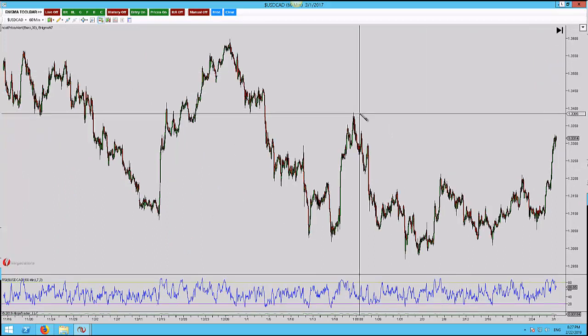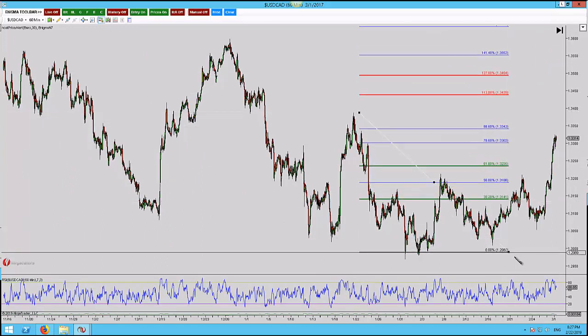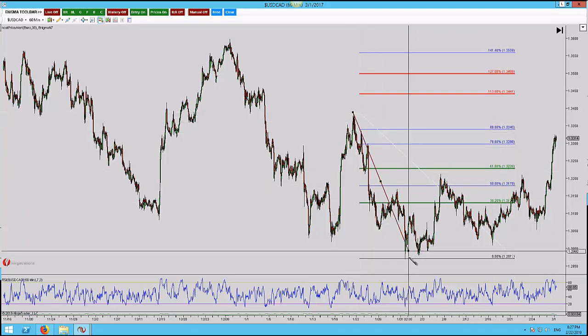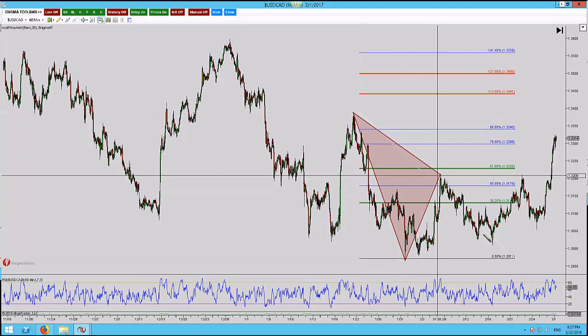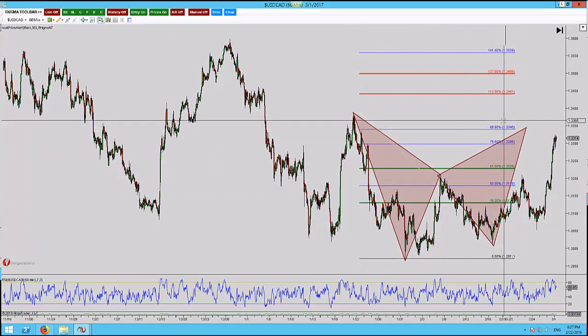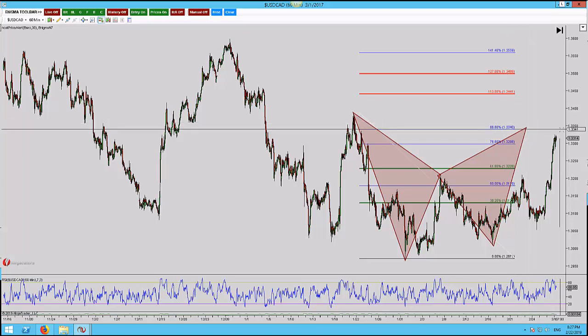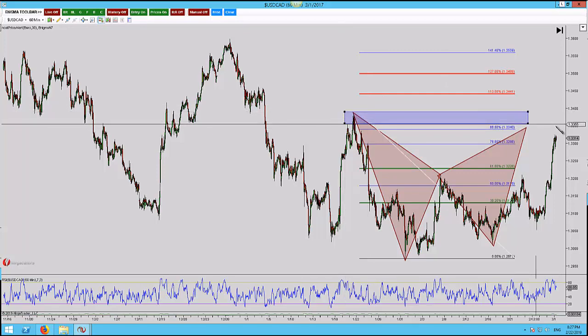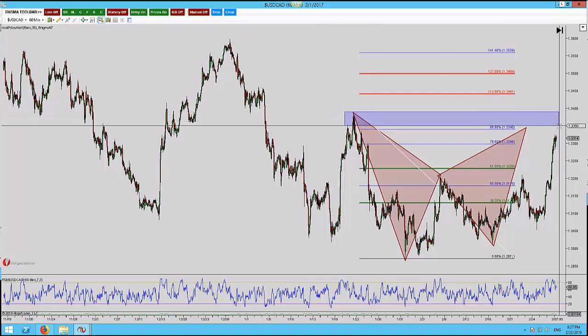Okay, we have a back pattern. It's really a 4-hourly pattern, but nevertheless it's here. I'm going to be looking for anything in these wicks up here.